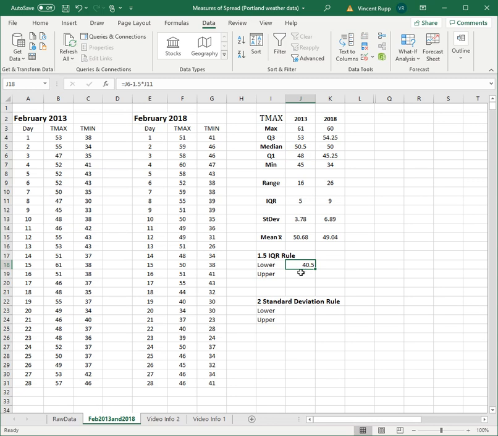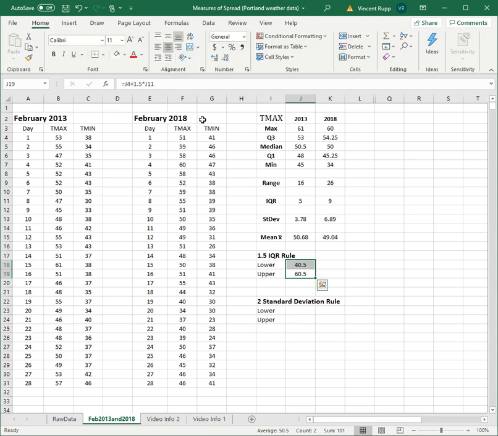The upper bound, we'll just do Q3 plus 1.5 times IQR, and we'll get 60.5. And of course, I'm going to definitely need to center align those. So that tells us anything below 40.5 is a potential outlier for 2013, anything above 60.5.